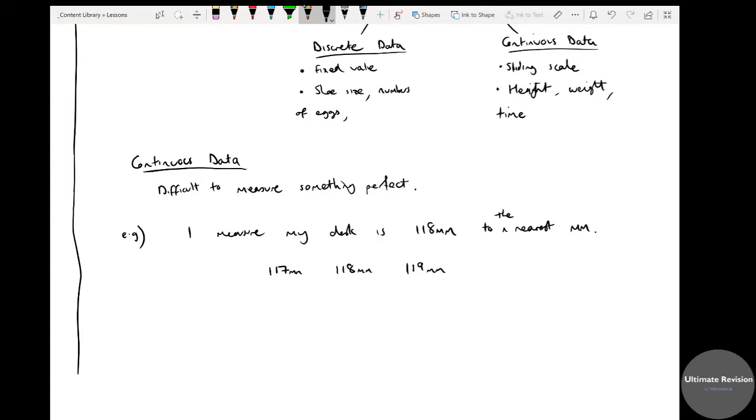Now that means that my possible desk will range between 117.5, it's a bit like rounding really, and the top value, well, it'll be anything less than 118.5. So I've got a range of values there that I could have for my desk. That's the problem with continuous data.